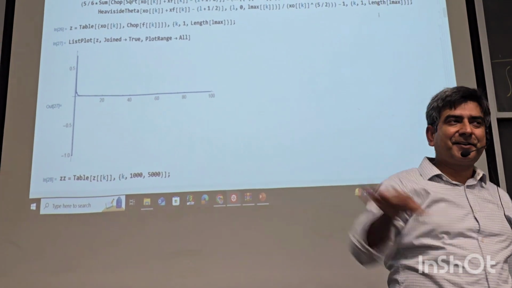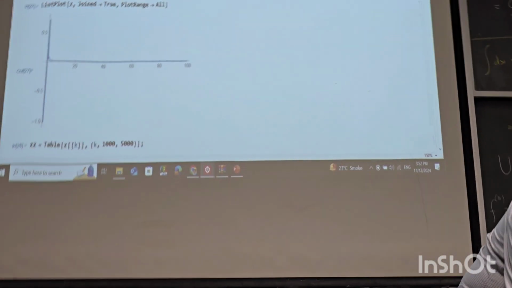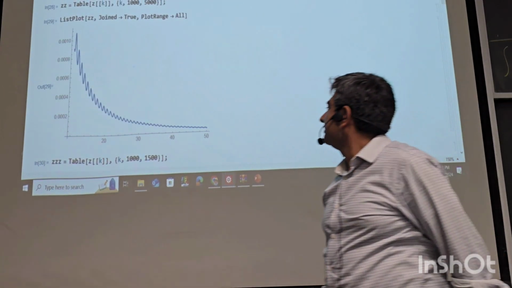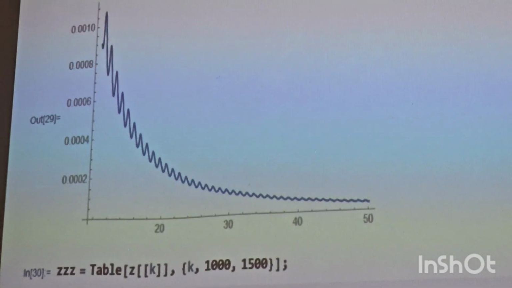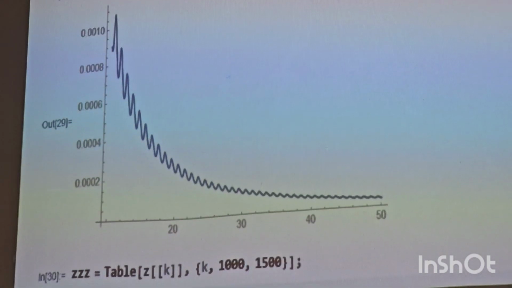This ratio has declined to 0. Let's zoom in on where the interesting stuff happens. Here it is. Now I plotted this function f up to x naught equals 50. So now we see these oscillations riding on top of a decaying envelope, a decaying function.